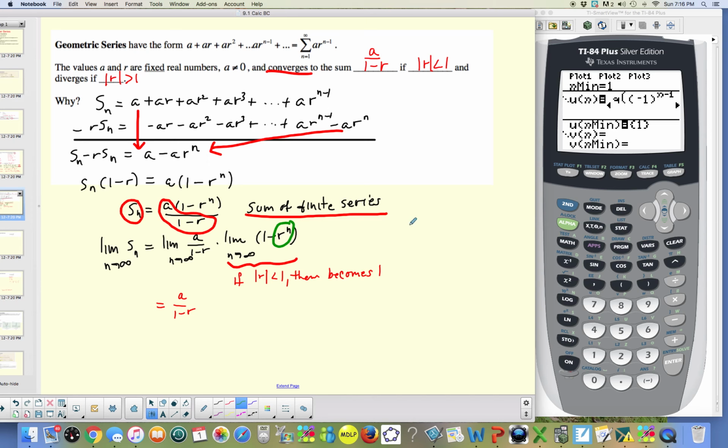So for instance, if the ratio is 1/2 and you take it to a very high power, like 100, you see that it's approaching 0. So this whole thing will approach 0 when r meets this criteria, and then this whole limit will be 1. There's no n in the rest of this expression, so it's a over 1 minus r, and this is the formula that we teach you for a geometric series.